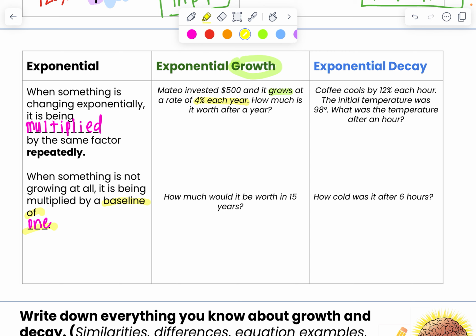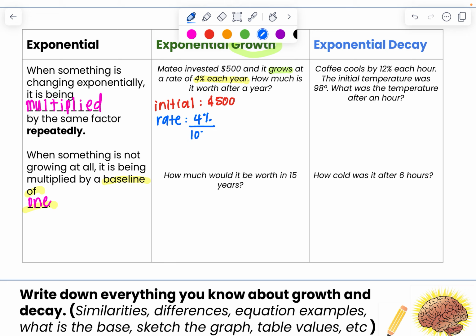So we've got some information here, right? We know for starters that the initial amount of money that Mateo has is $500, right? And we also know that his rate is 4%. Got to get our decimal equivalent, so the part divided by the whole gives me 0.04. And I know if I want to find out how much money I'm going to have after a year, I'll do the usual.